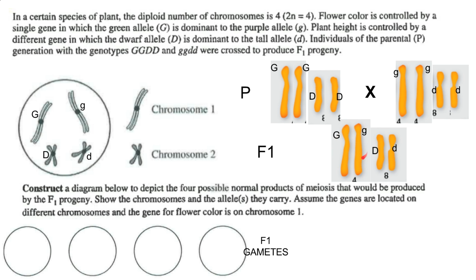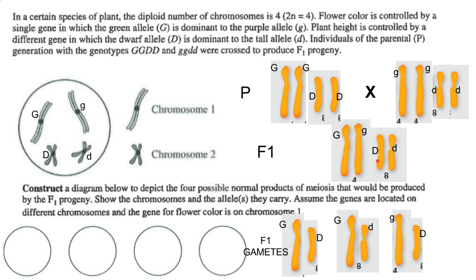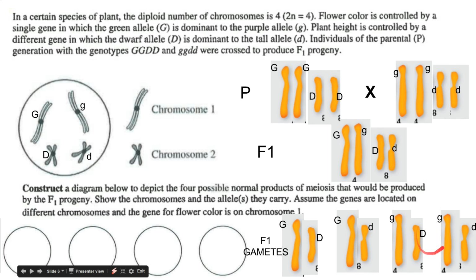So we're diploid here. We need one of these and one of these haploid. So we could do that, 1 and 3, 1 and 4, 2 and 3, and 2 and 4. Again, these are all haploid. They contain all of the genes, but only one of the alleles.